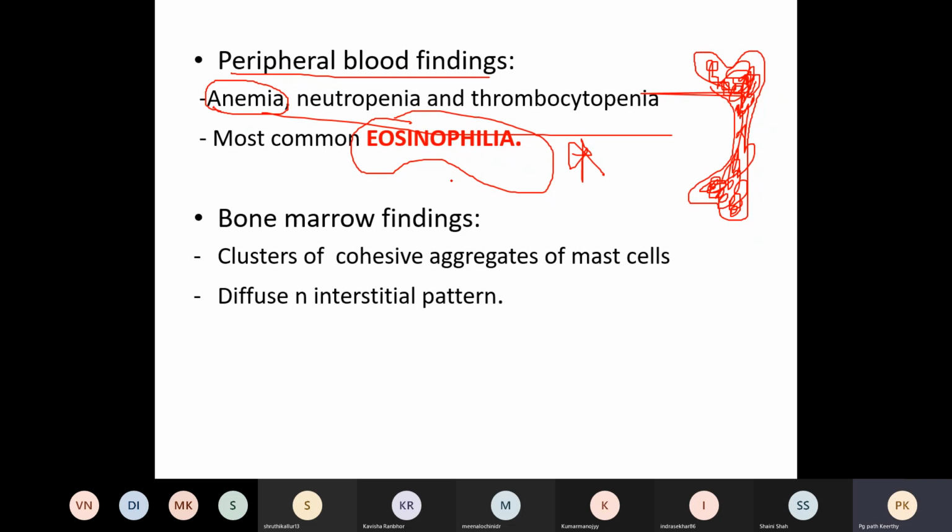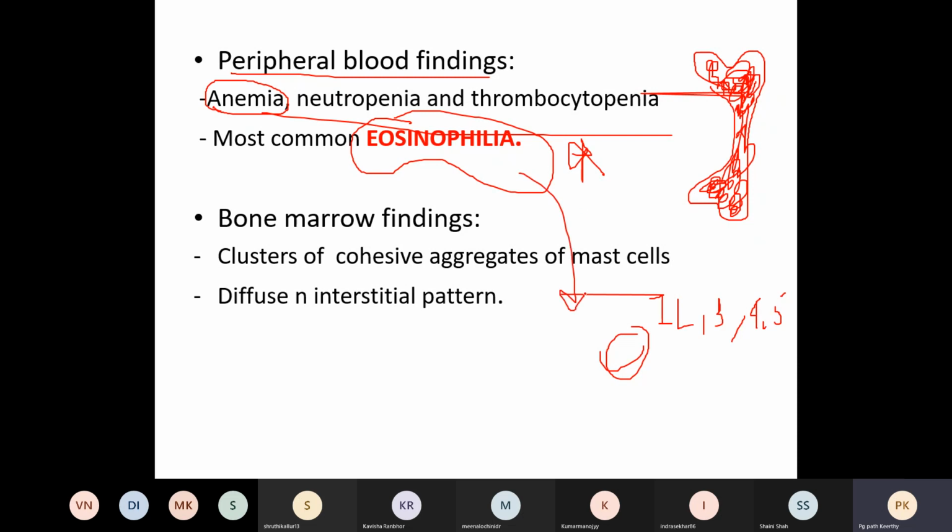So I will tell you what happens. These mast cells will produce interleukin 5. Interleukin 5, 3 and 4 are chemotactic factors for your eosinophils.